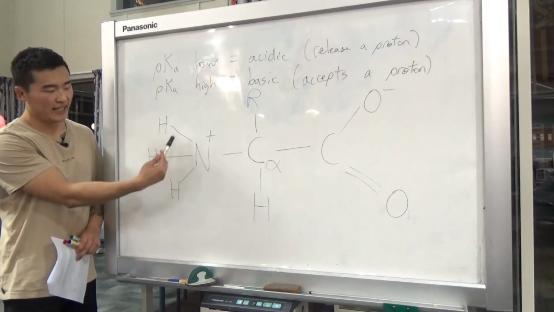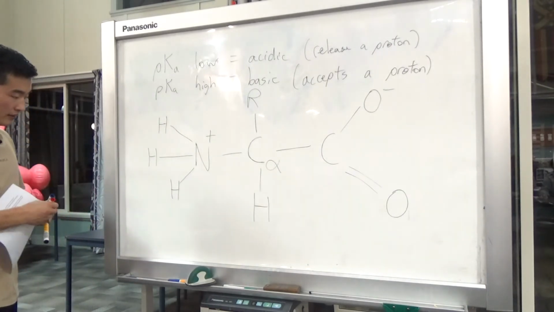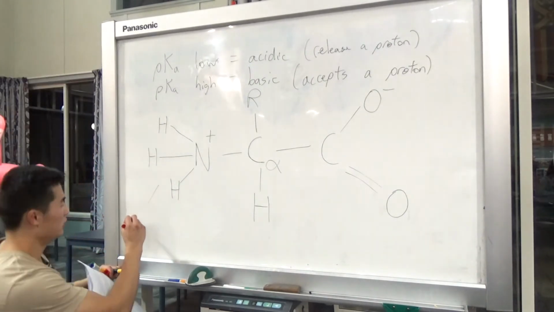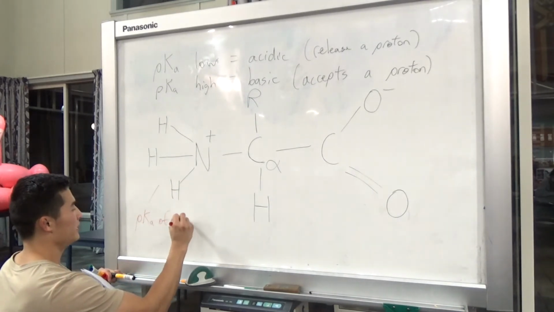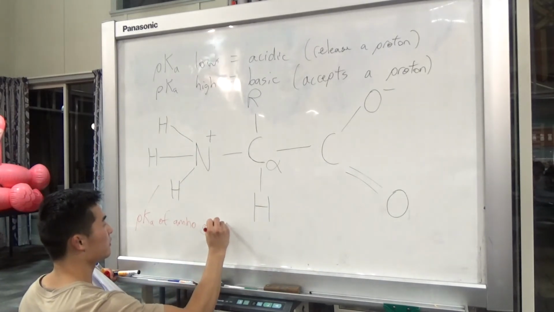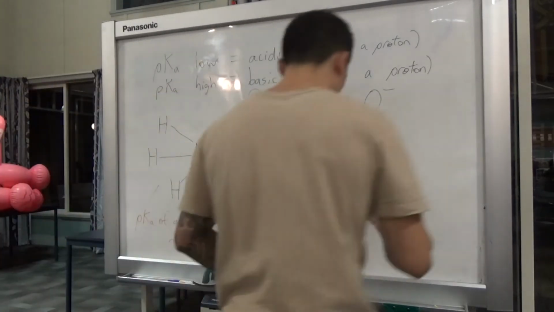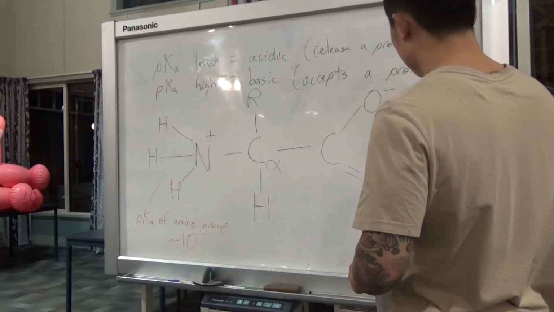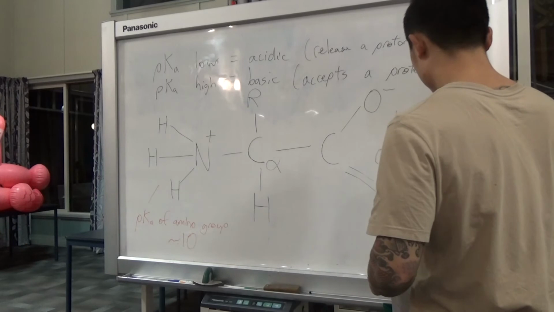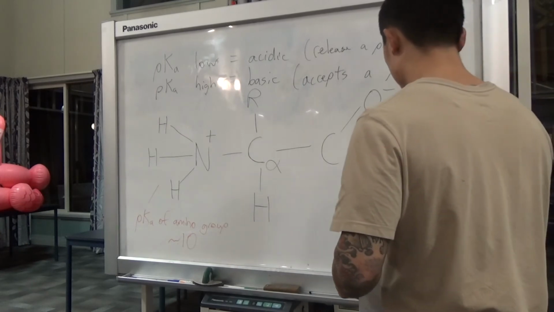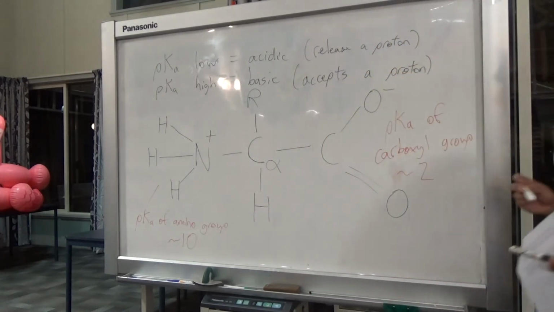And usually the pKa of the amino group is about 10, and the pKa of the carboxyl group is usually about 2.